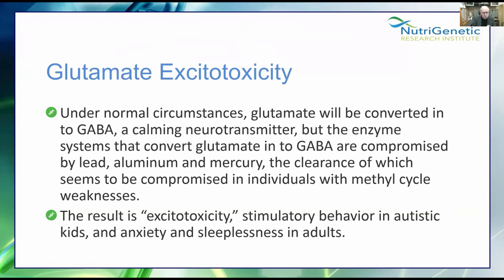Clearly, multiple factors. And I wouldn't be so brazen to say this is it, but this has to be a factor, that environmental factors are likely creating more glutamate and potentially lowering the glutamate to GABA conversion.